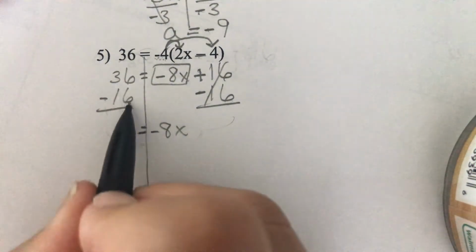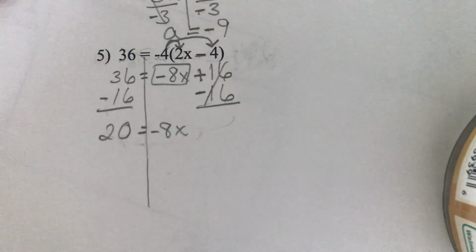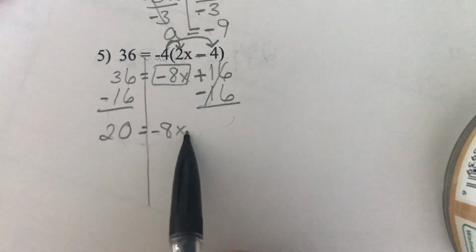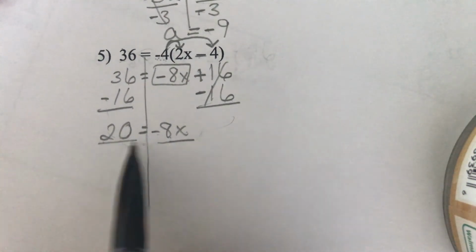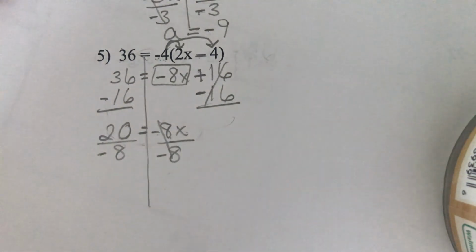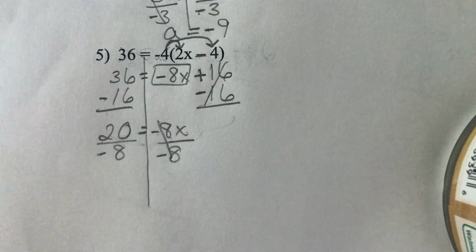I'm subtracting: 6 minus 6 is 0, 3 minus 1 is 2. -8 times what is equal to 20. We divide by -8. Oh boy, that doesn't go in evenly. That's okay. Sometimes our problems don't work out like they should.